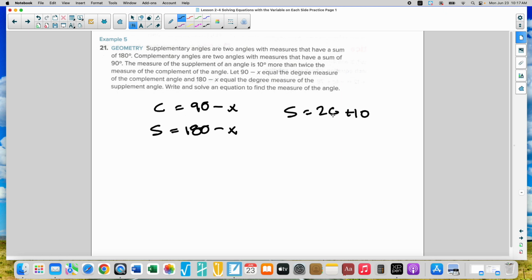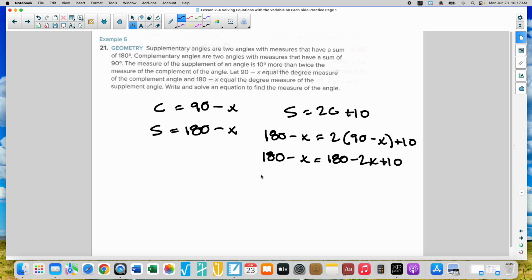Now we substitute in for C and S. So we get 180 minus x equals 2, instead of C, we're going to do 90 minus x, plus 10. So 180 minus x equals 180 minus 2x plus 10. Simplify the sides.